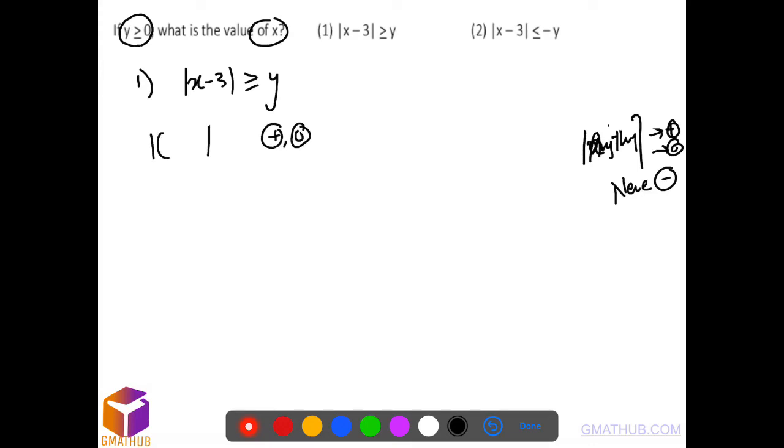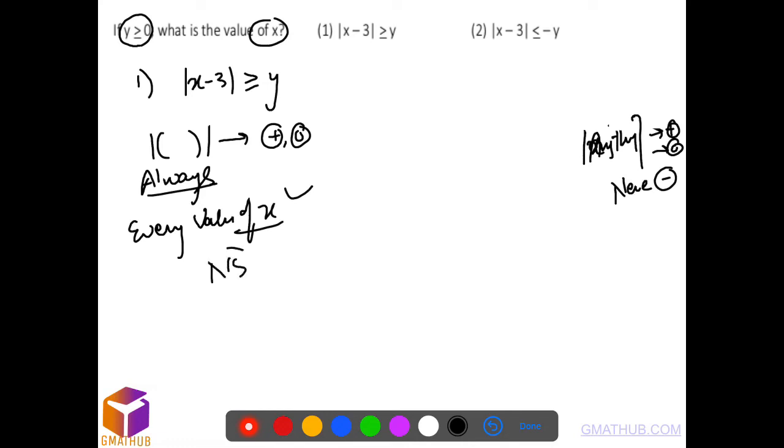So some mod is positive or 0. It will always happen. That means every value of x will satisfy it. There won't be just one value. So this is not sufficient. We can't figure out one particular value of x from here.